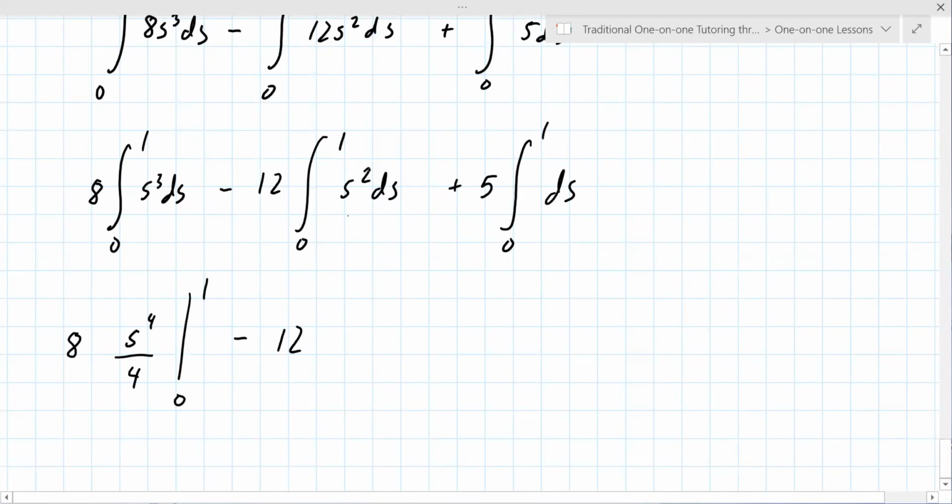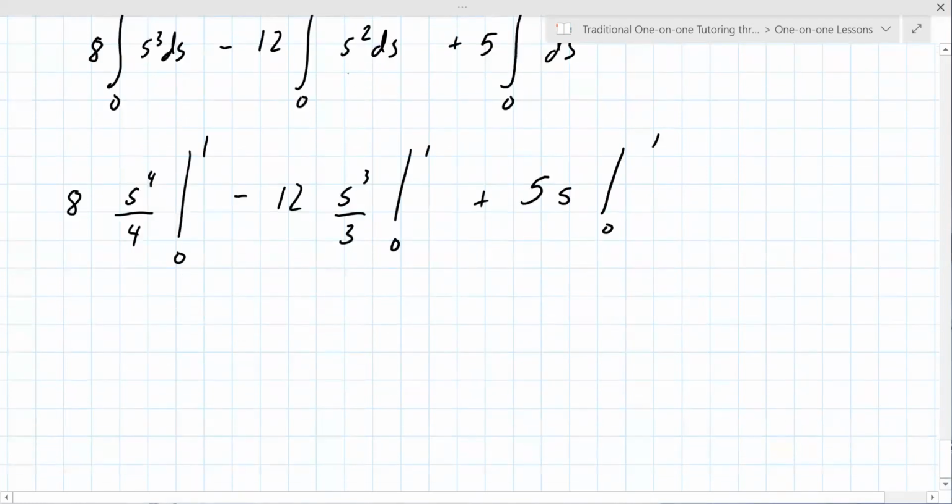Minus 12, here you add 1, divide by the new exponent, plus 5, and then we just did one like this where you put an s, 0 to 1. Okay. And then I'm going to simplify here before we evaluate. 4s to the 4th minus 12, I'm sorry, 4s cubed plus 5s.